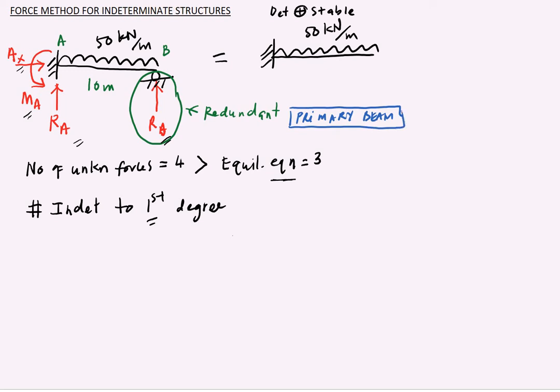Okay, you can actually choose any reaction as redundant. Okay, not necessarily RB. You can choose some other reaction as redundant. However, you have to make sure that your primary beam later will become determinate and stable. So for example, you can also choose MA as your redundant.